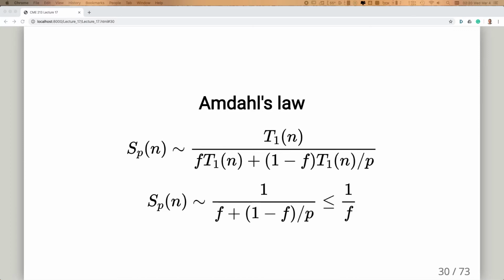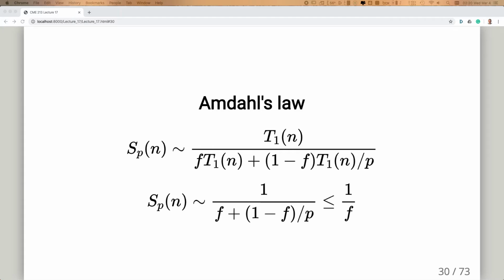No more speed up. But the error in the reasoning is that the fraction that is sequential typically goes down, or hopefully goes down, and in many cases it does go down with n. So it's not actually constant. As you work on larger and larger problems, this number goes down, so that in fact you can see nice speed up even for a very large number of processes.